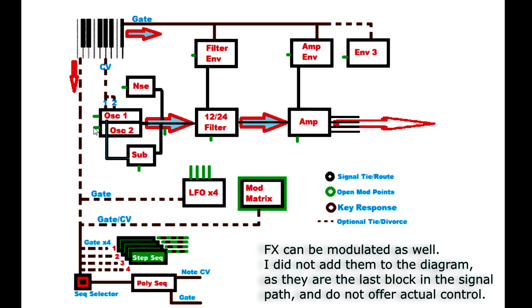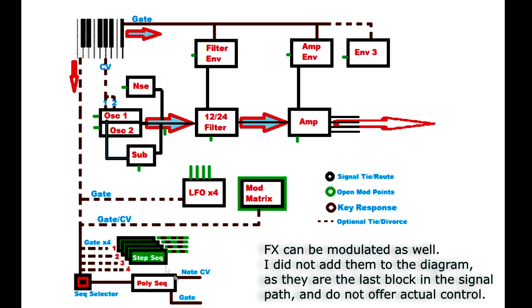The oscillators themselves have open mod points that are in the mod matrix. That's why the mod matrix is green, because its entire existence is an open mod structure. The LFOs, all four of them, have that. They all have open mod points. You can mod the frequency and the level of them by each other even.